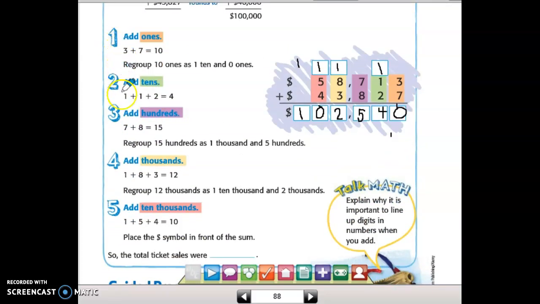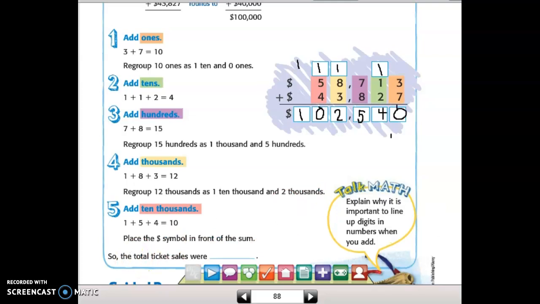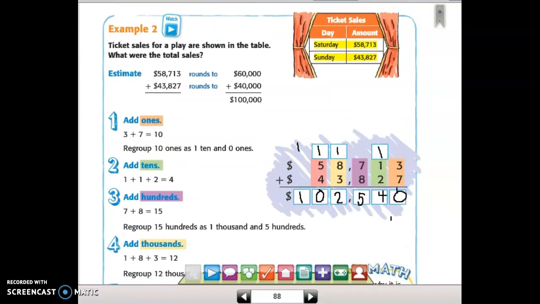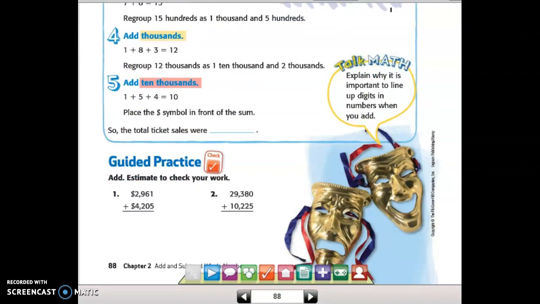And what it's telling you here is all the things that I just showed you in this box that they give us. So going back to the question that it gave us, which I forgot to highlight, bad. What were the total sales? There's our question. Down here.